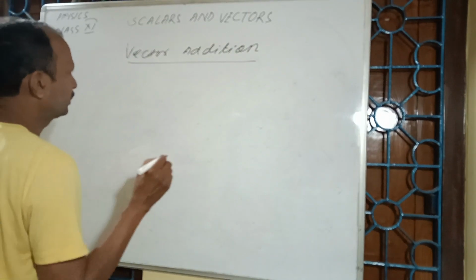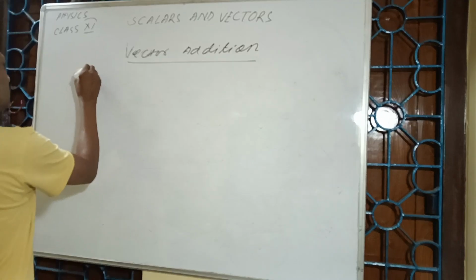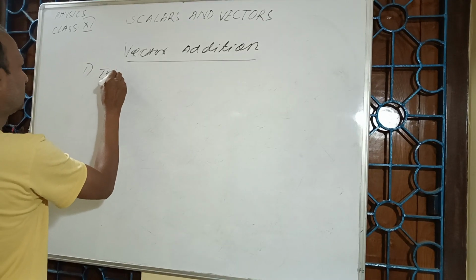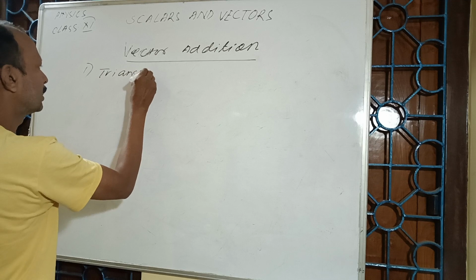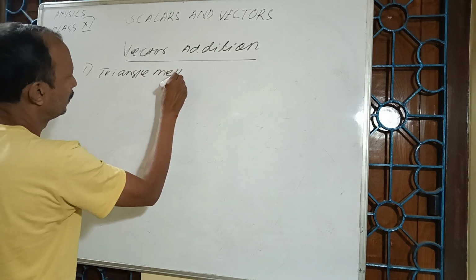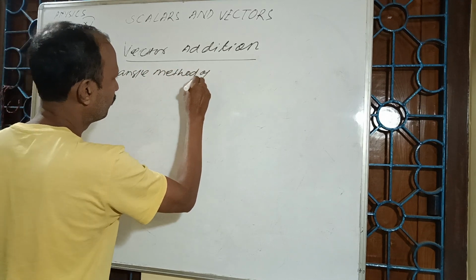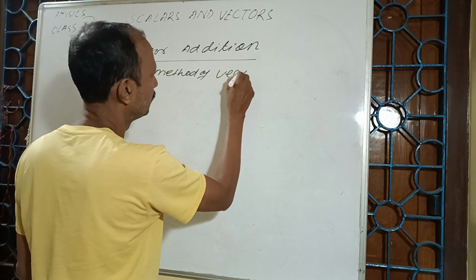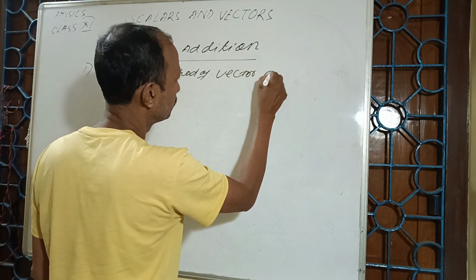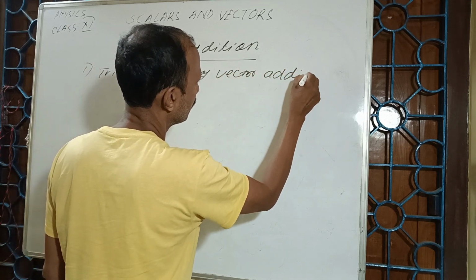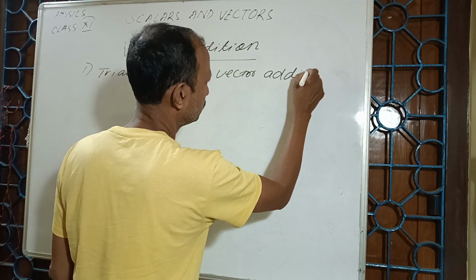What is the triangle method of vector addition? So the first one is the triangle method of vector addition.